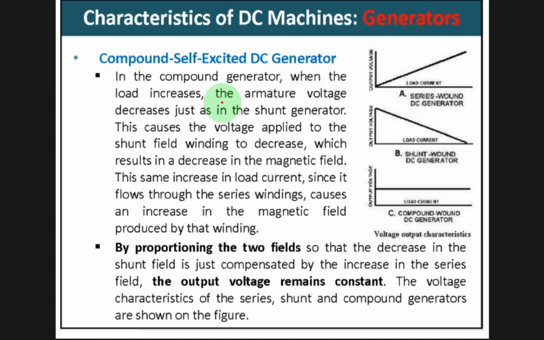This causes the voltage applied to the shunt field winding to decrease. The shunt field is connected across the armature terminals, therefore the shunt field winding is getting a lower voltage.